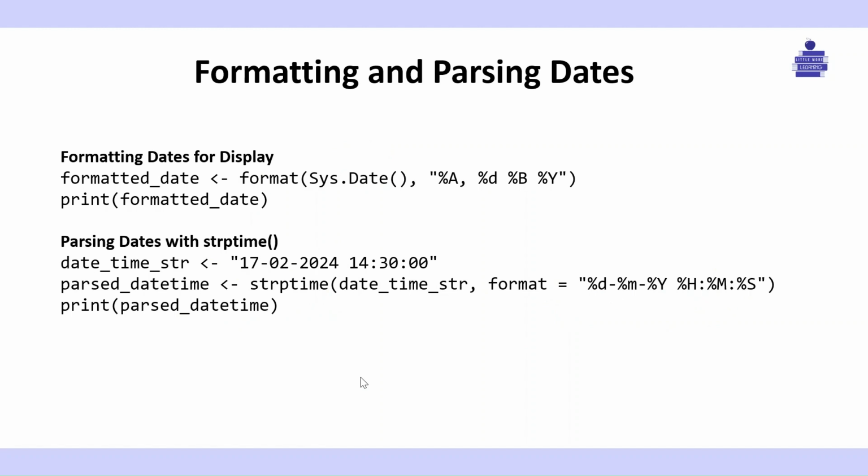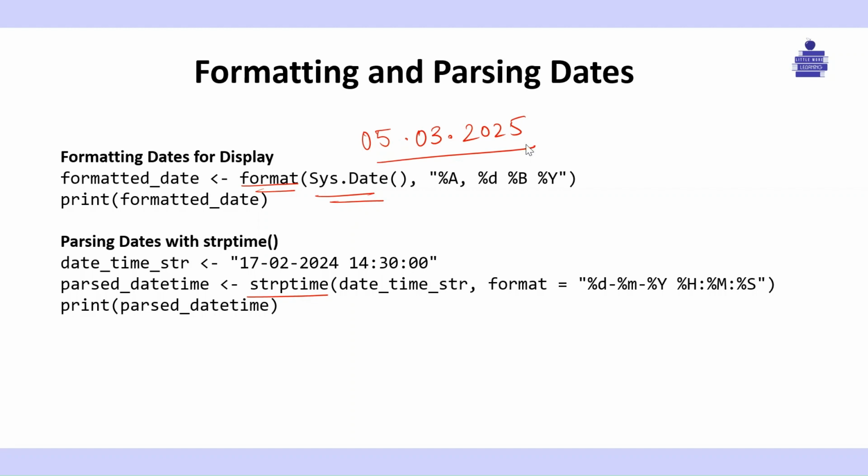Next is formatting and parsing dates. We can format and parse dates using two functions. The first one is the simple format function, and the next is strptime. Let's say we have the current date as 5th of March 2025.